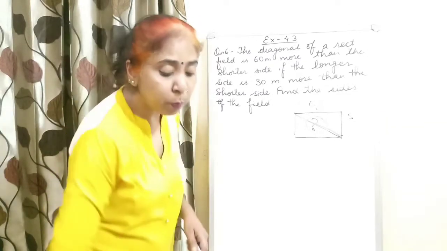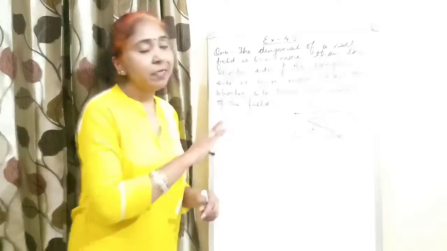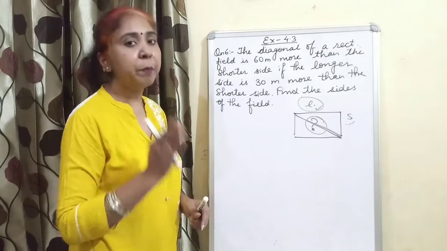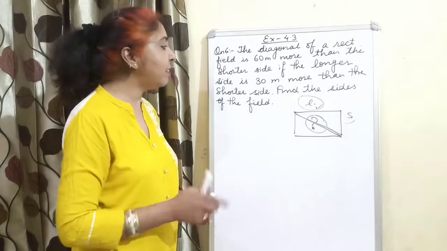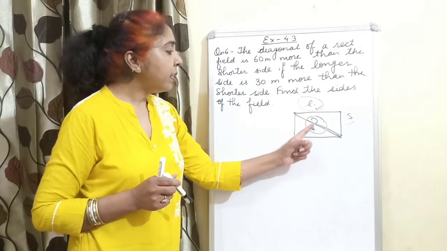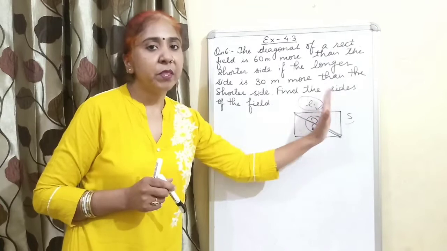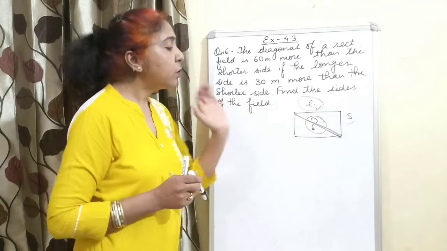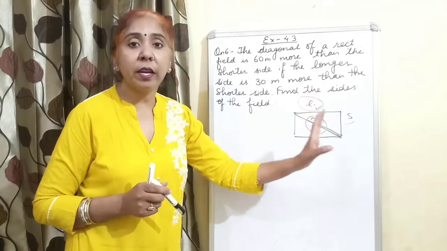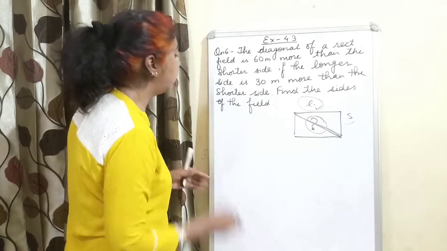Now we have to suppose either the larger side or the smaller side. But the point here is that the larger side and the diagonal are given in relation to the shorter side, so we have to suppose the shorter side first.